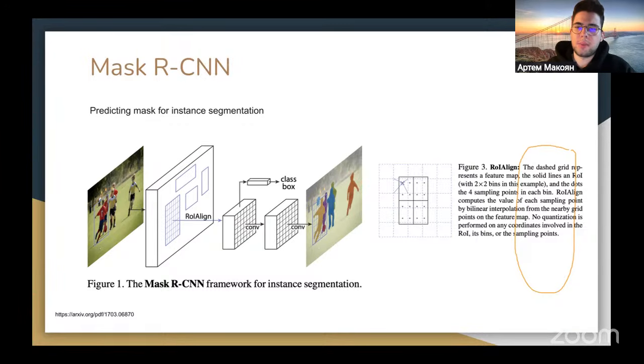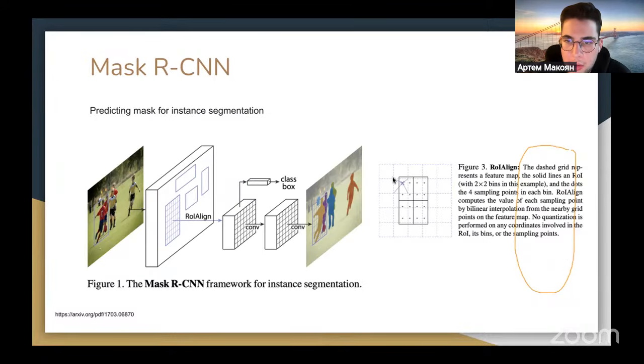But there are some details. First of all, as I said, when we obtain the feature extractor output, our dimensions are lower, divided by 32. So our mask can be in fractional points. So we should understand what is the color of the pixel of this mask in a fractional point. We can use linear interpolation for this.